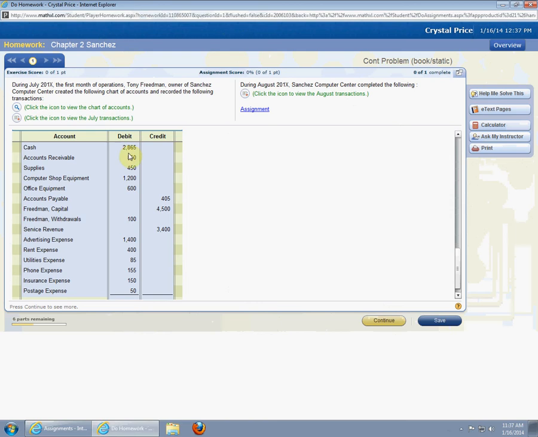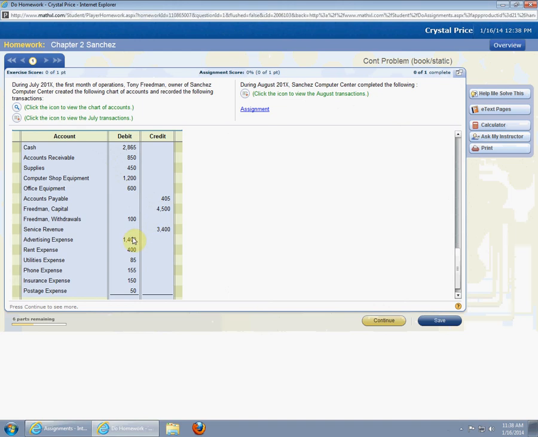Your cash on the debit side, you would have $28.65, accounts receivable $850, supplies $450, computer shop equipment $1,200, office equipment $600. Then we'll go to the credit side for accounts payable $405, capital $4,500, back on the debit withdrawal $100, back on the credit for service revenue $3,400.